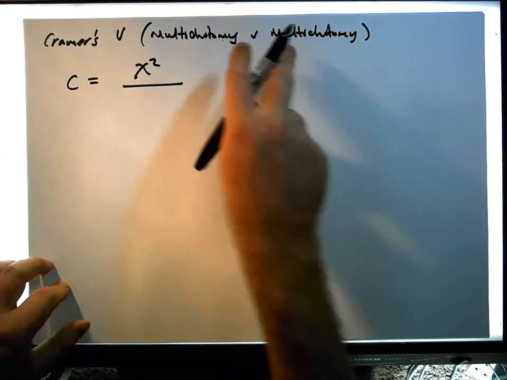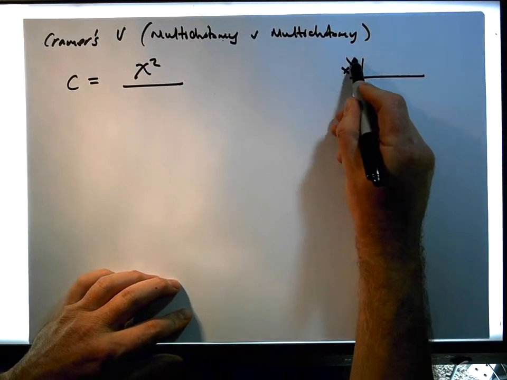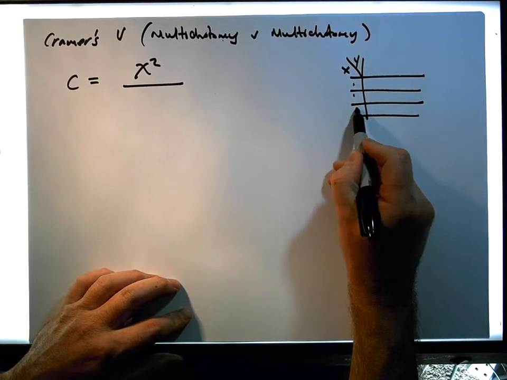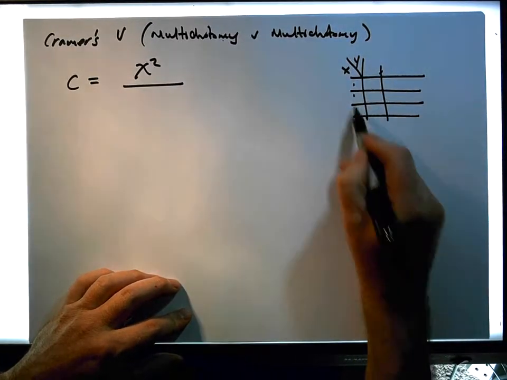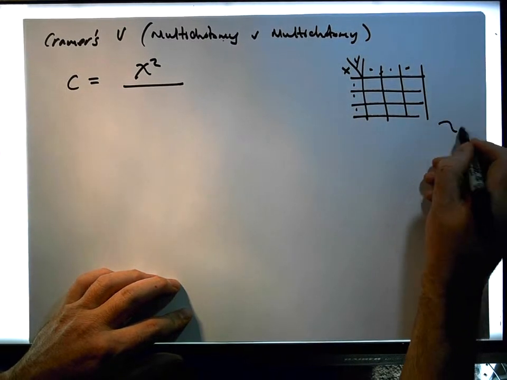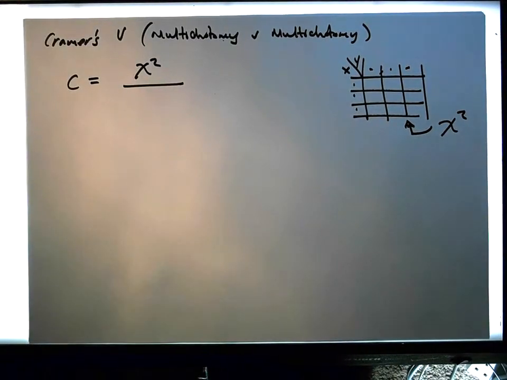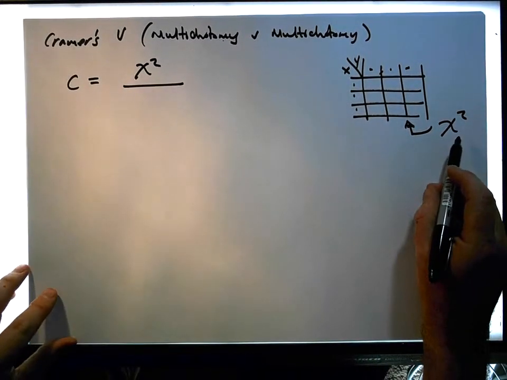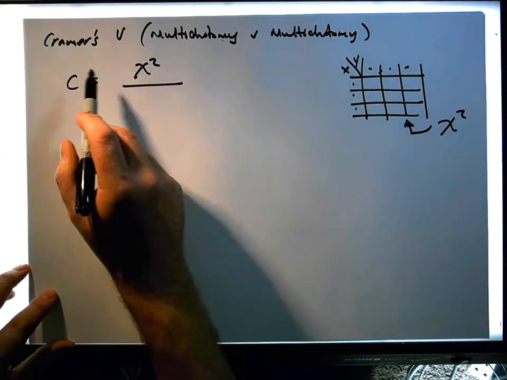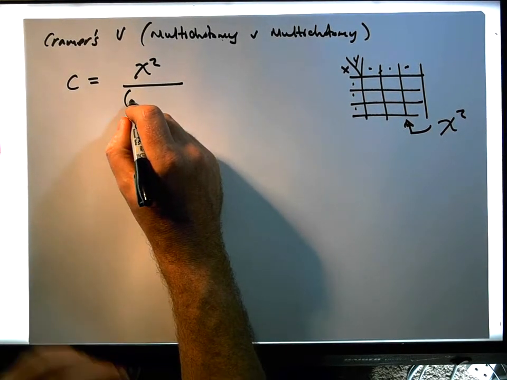Okay, so we have a multichotomy, so we have the x's and we have the y's, and we have more than 2 levels on the x's, and we have a number of levels on the y's. And what we do is we calculate the chi-squared test statistic for that particular contingency table, and we use that value divided by the total number of observations.